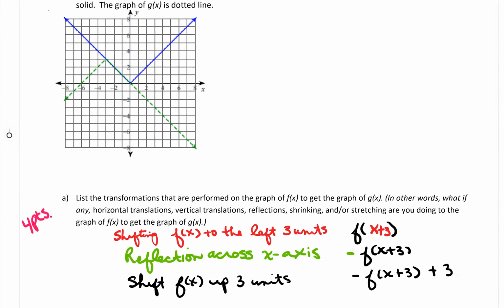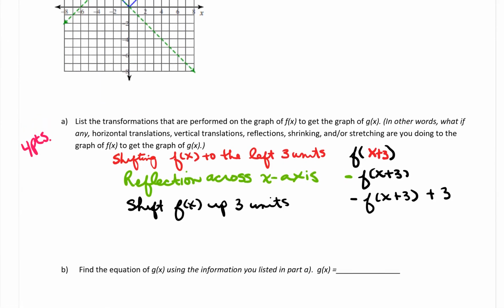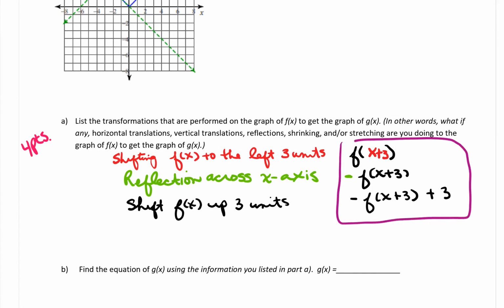Part B is going to ask us to find the equation of g of x applying those transformations. And so this is why I wrote it this way, because this is going to help us. If we go into the absolute value of x and we plug in x plus 3 wherever we see an x, we get the absolute value of x plus 3.